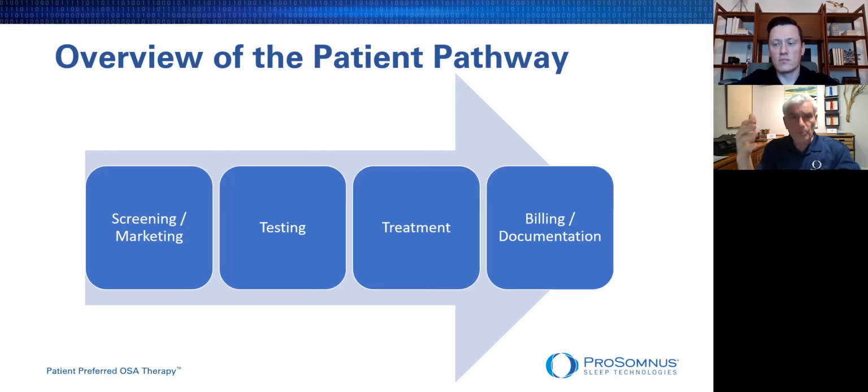So give me 100 patients that I screen positively for sleep apnea. I'm probably going to be right 85 or 90% of the time. And if I can move 90% of the 90%, or 80% of the total 100, into a test, probably 75 or 80% of those, or 60 or 70, come out the other side with a positive test result.